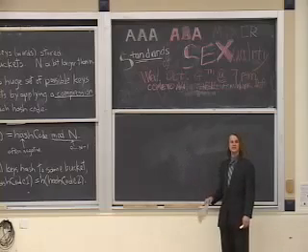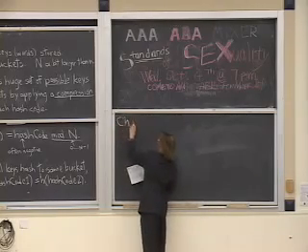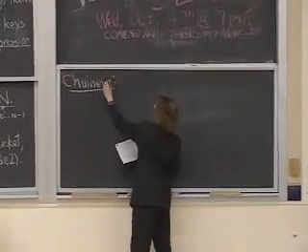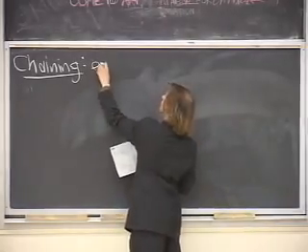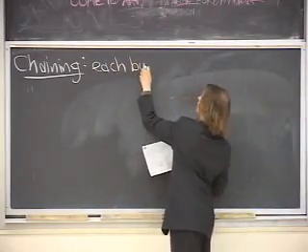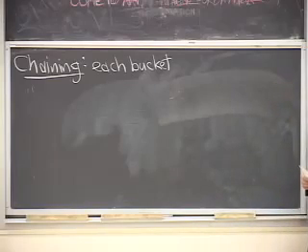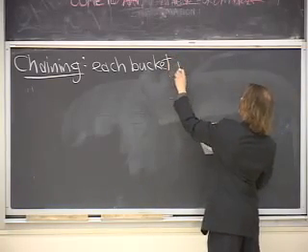So here's how we handle these collisions. We do something called chaining. Each bucket is no longer going to store just one word and one definition. Instead, each bucket is going to store a linked list of entries.